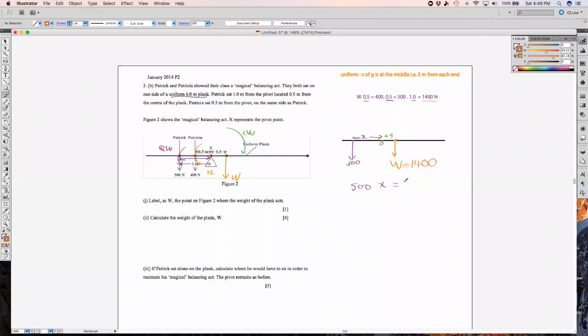So we have to replace it here, 0.5 multiplied by 1400. Again, it is force multiplied by perpendicular distance. So from here, we can work out what x is. X is 7 over 5, which is 1.4 meter.